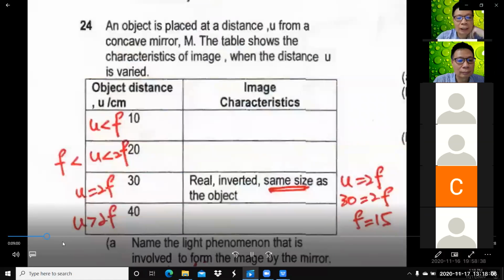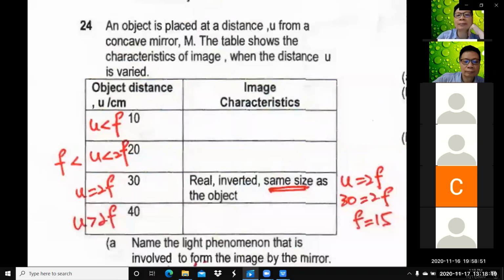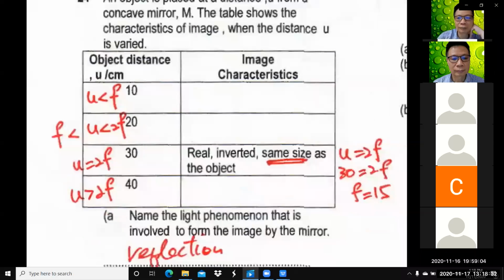Please name the light phenomenon that is involved to form the image by the mirror. Mirror forms image through what phenomenon? One answer. How does a mirror form the image? Tian Liang, can you answer? Reflection. Yes, very good, Tian Liang.